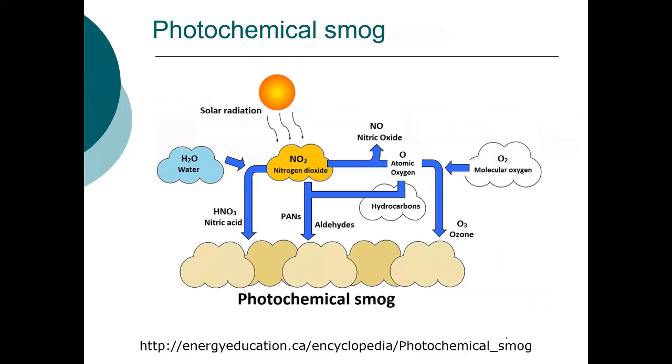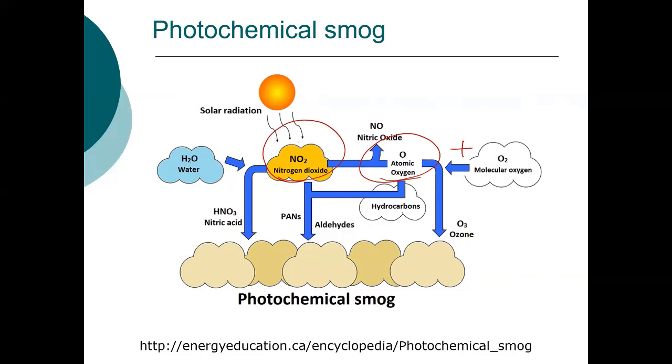So what's happening is that what's being released is predominantly NO, but we also have NO2. It's a combination of reactions where we get NO2 reacting with sunlight. We produce atomic oxygen.